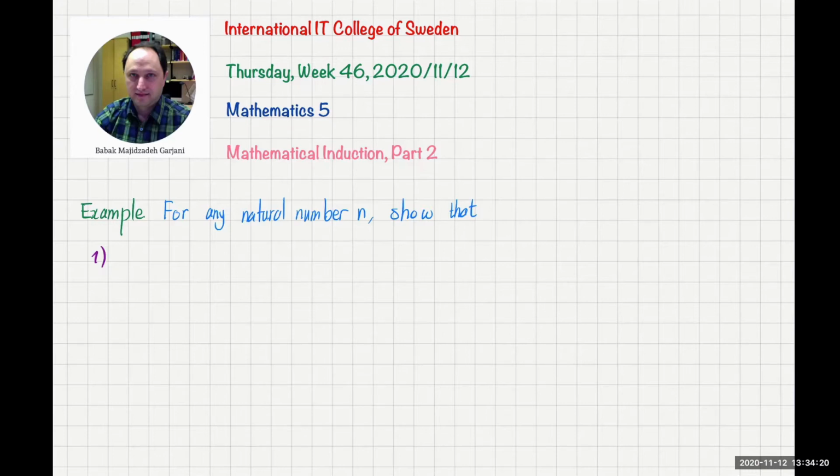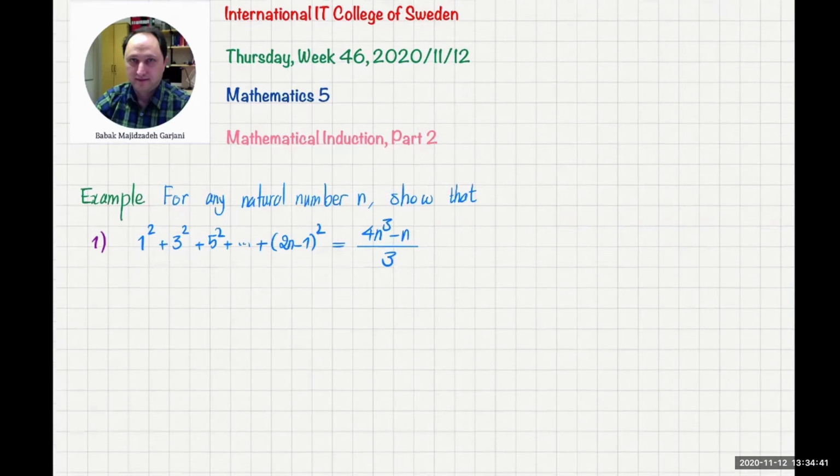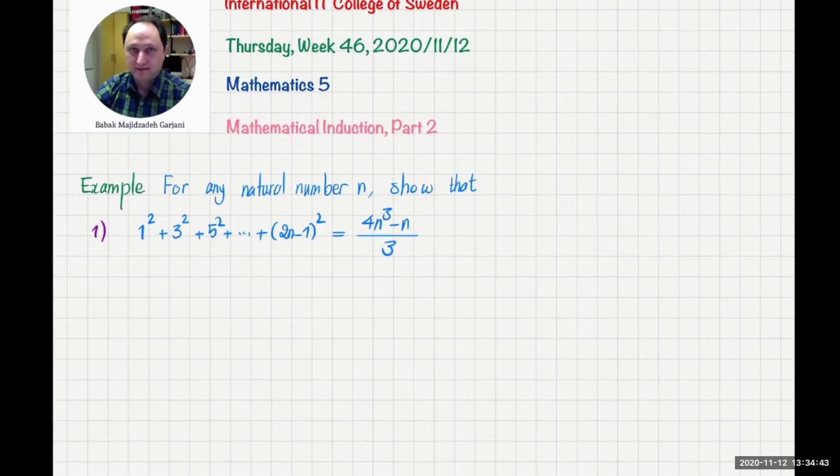So we have 1 to the power 2 plus 3 to the power 2 plus 5 to the power 2, up to plus (2n minus 1) to the power 2. We are supposed to show that this is equal to (4n cubed minus n) divided by 3. Am I right? This is one of the problems, yes? Okay, so we want to show this.